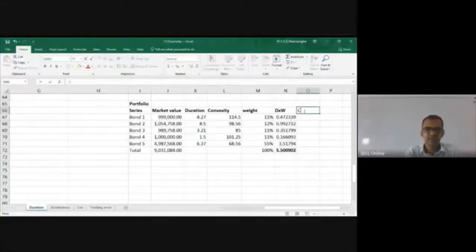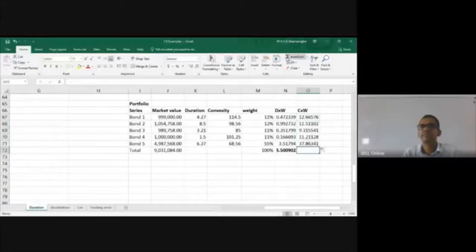Then to calculate the convexity of the portfolio, convexity multiplied by the weight, same thing, take the total. So convexity is this. Duration of the portfolio is 5.5.